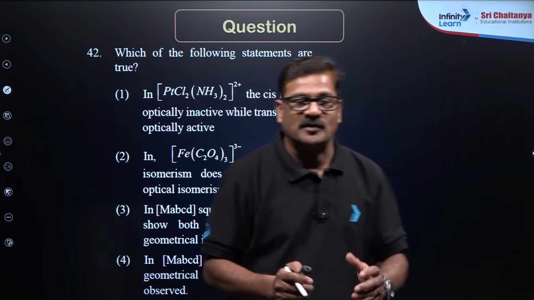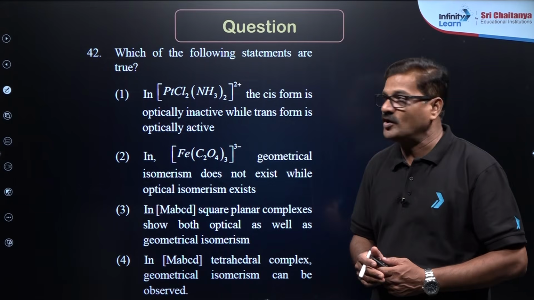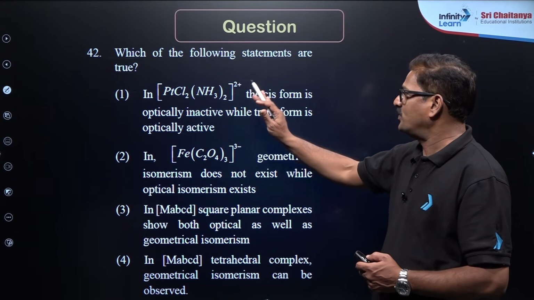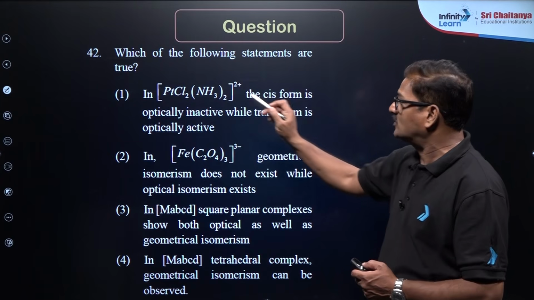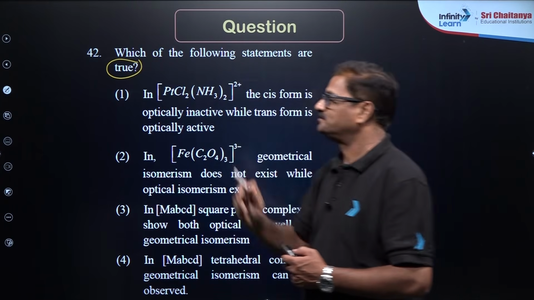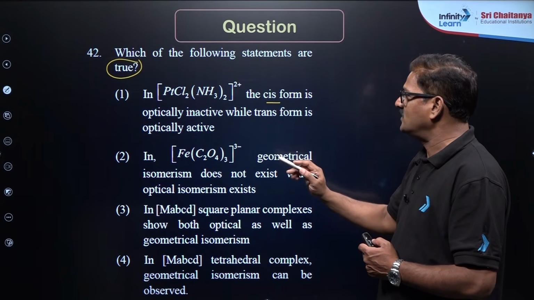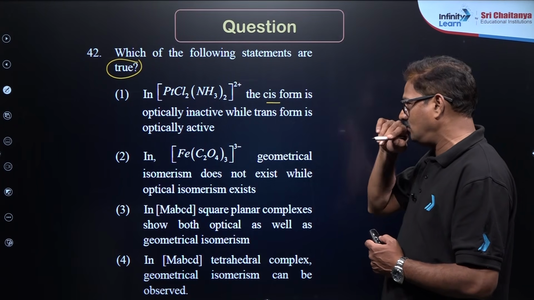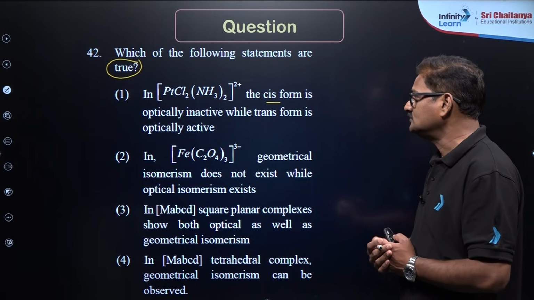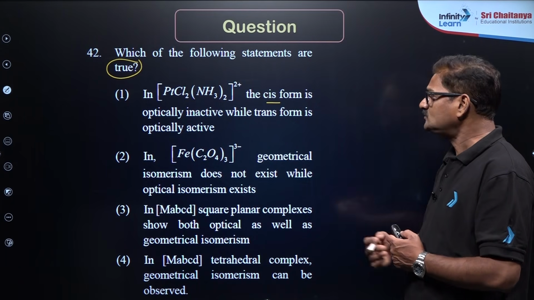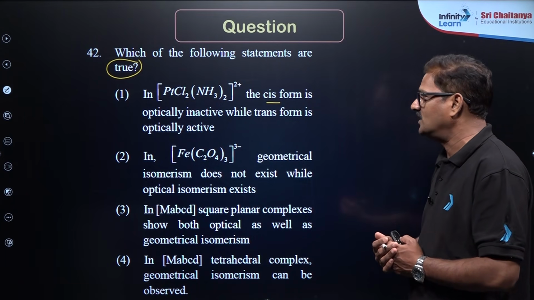Students, this question is from coordination complexes. Which of the following statements are true? Let us identify the true one. Some complexes are given, and it says this cis form is optically inactive while the trans form is optically active.